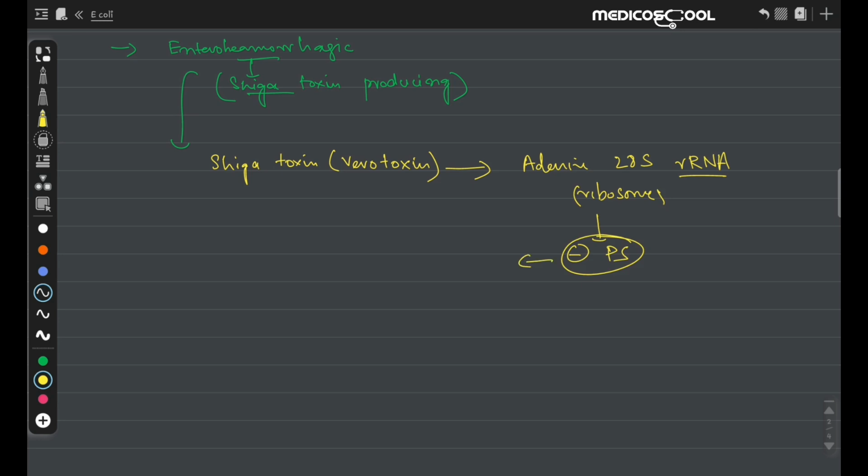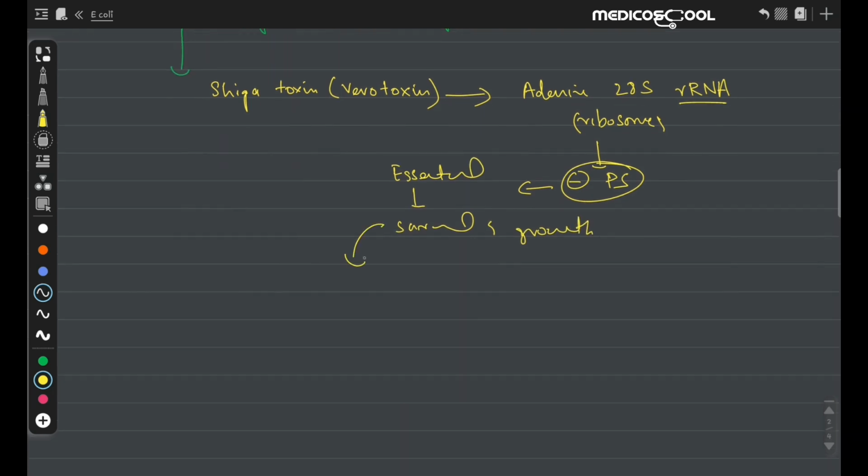And these proteins are essential for the survival and growth of the epithelial cells which surround the gut.